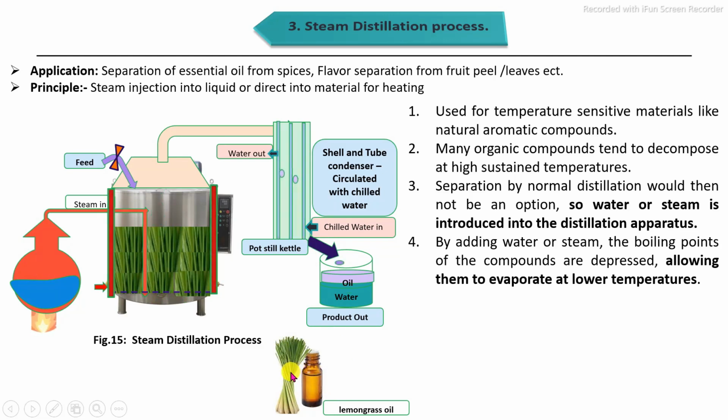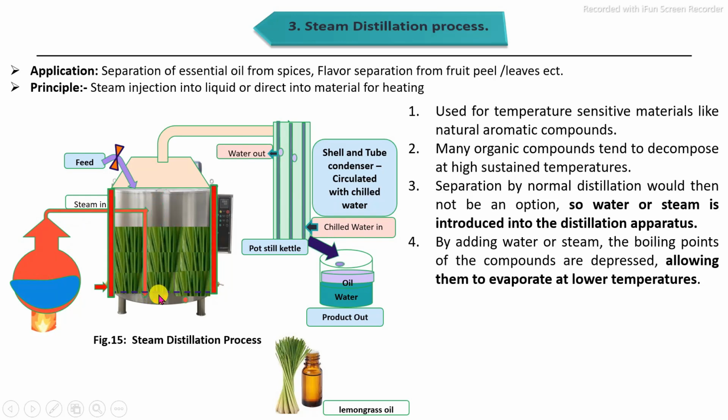In this process, the steam is first formed separately in boilers, and the superheated steam is directly injected into the steam distillation system.